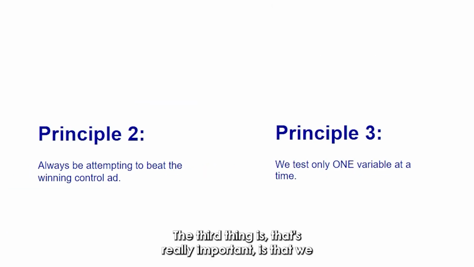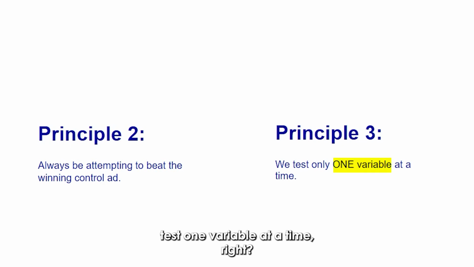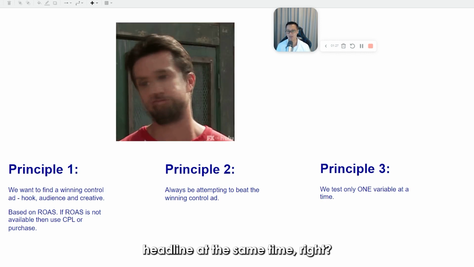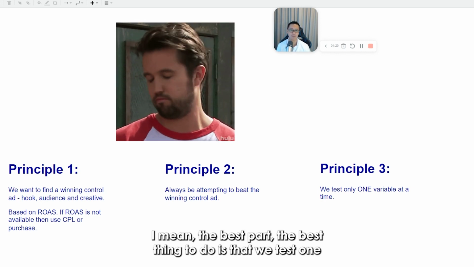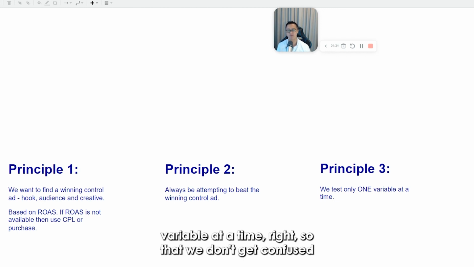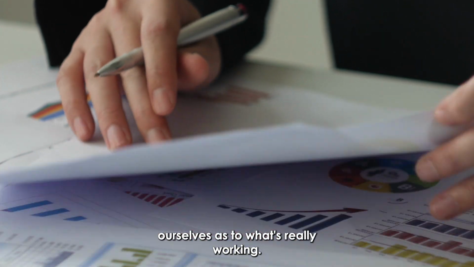The third thing that's really important is that we test one variable at a time, right? Many people might want to test images and the headline at the same time. That doesn't work. The best thing to do is to test one variable at a time, so that we don't get confused as to what's really working.